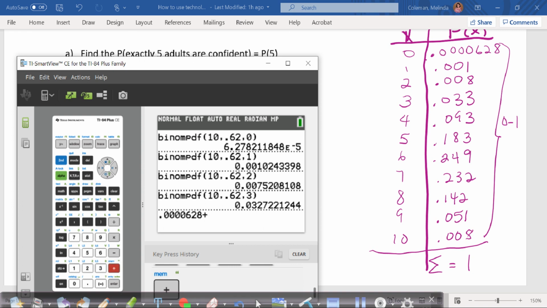0.000628 plus 0.001 plus 0.008 and so on.